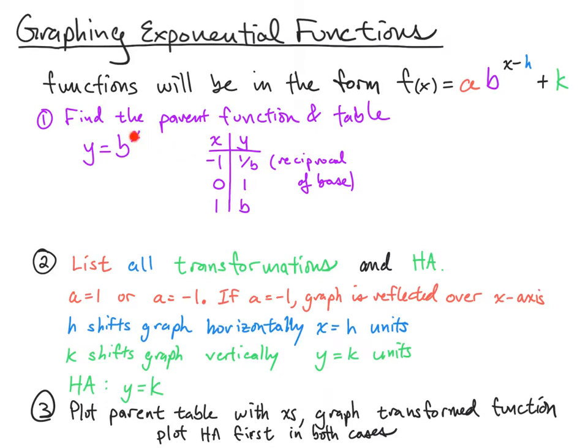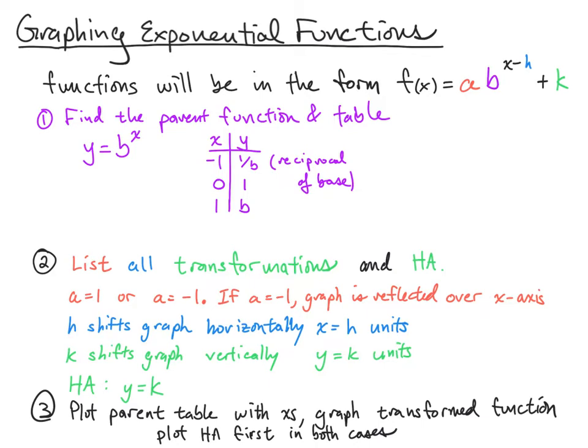If we put 1 in for x, b to the first power is just b. Seems kind of simple. But if we put a -1 in here, well, now we would have b to the -1, which means it would have to end up on the opposite side of the fraction. So there we go. I call this the reciprocal of the base. We flip the base.